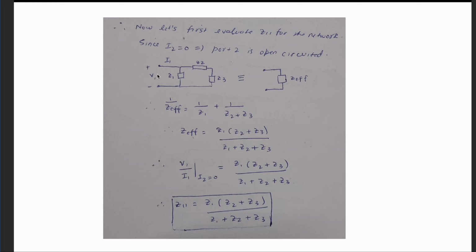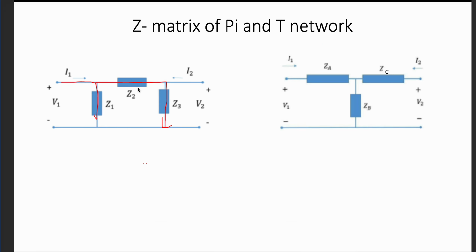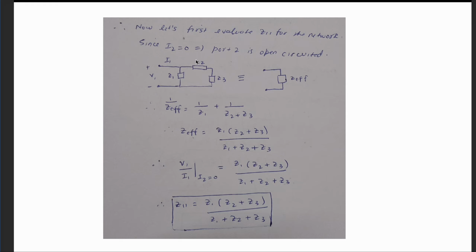You have the first port which has current I1 and voltage V1, and then you have some impedance Z1, and then you have some series impedance Z2, and then you have an impedance here, which is Z3. Because now no current is flowing from here, you can represent the equivalent circuit like this.